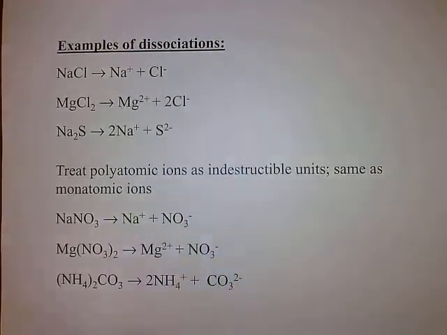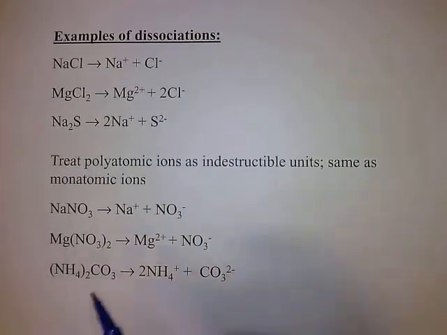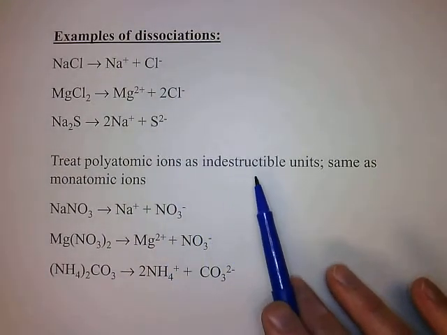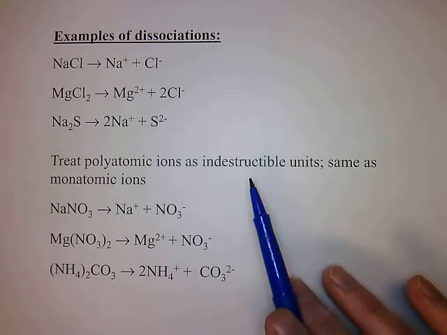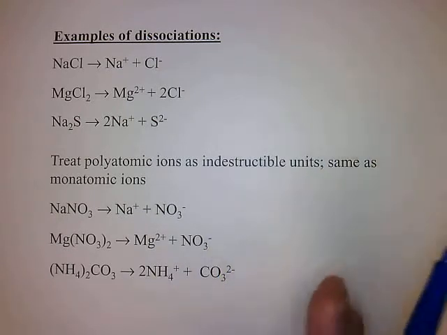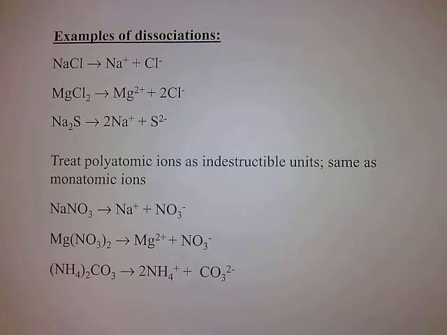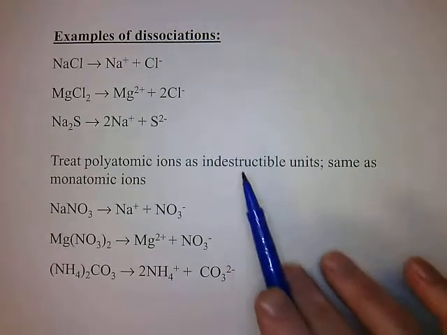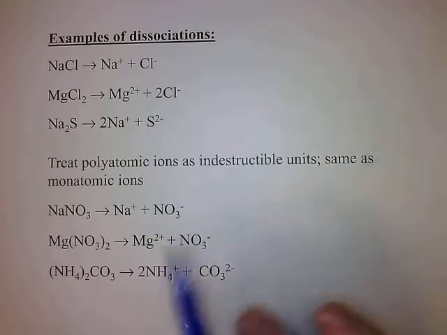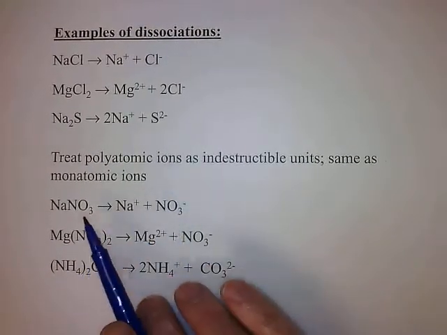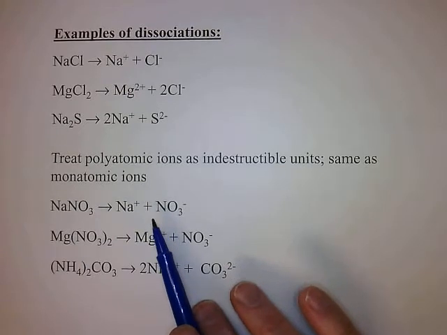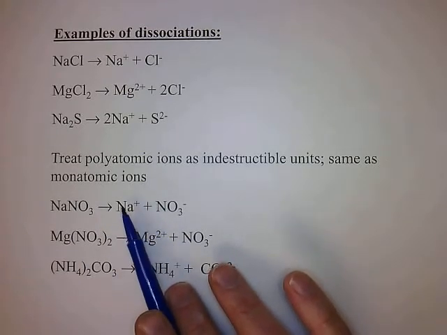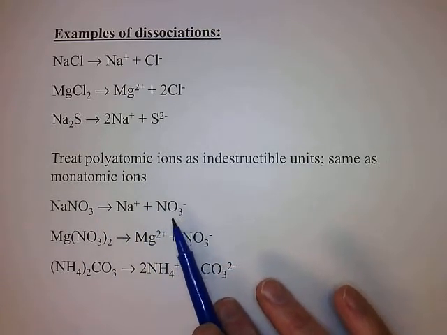But what about polyatomic ions? You should treat these as indestructible units. Even later when we get into balancing equations and predicting formulas, treat them as indestructible units. So for example, when sodium nitrate dissolves in water, it gives you 1 sodium ion and 1 nitrate ion.